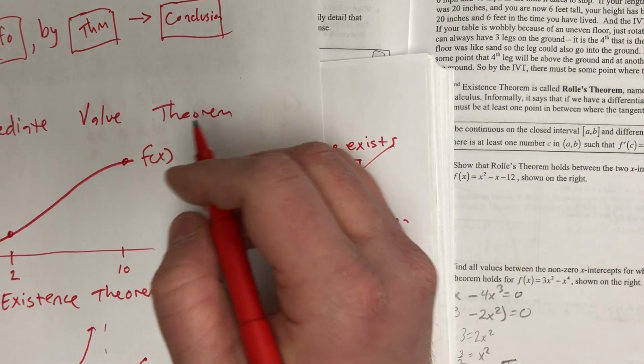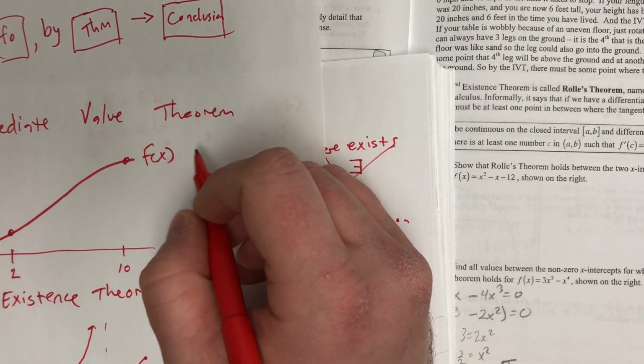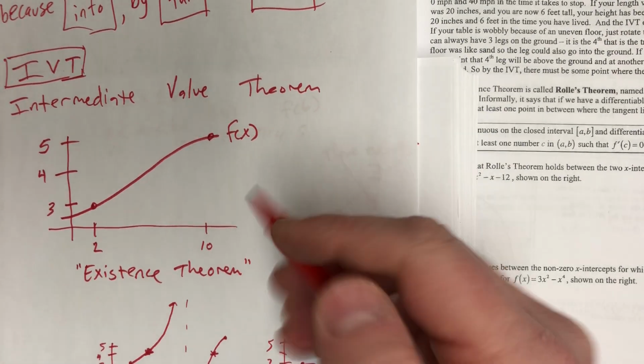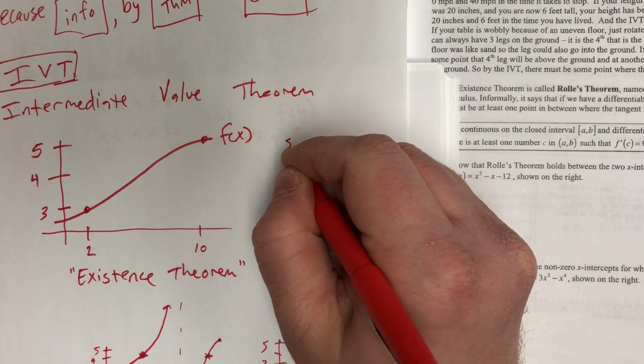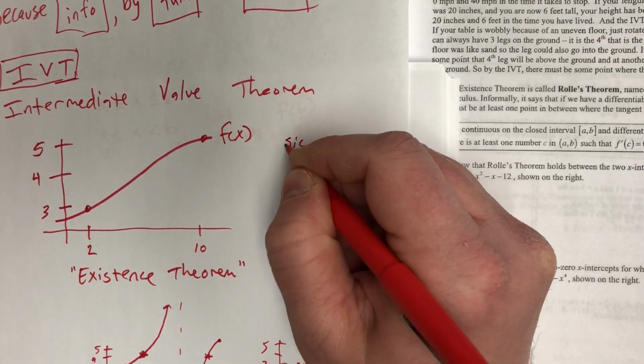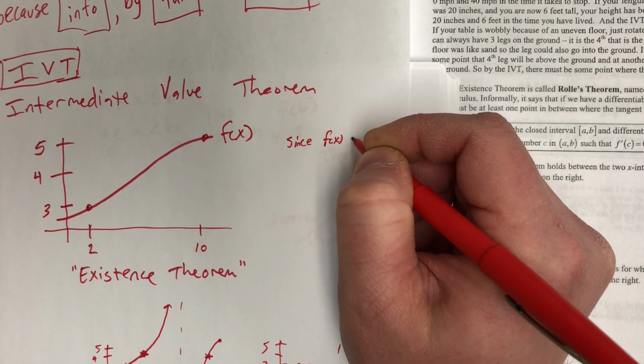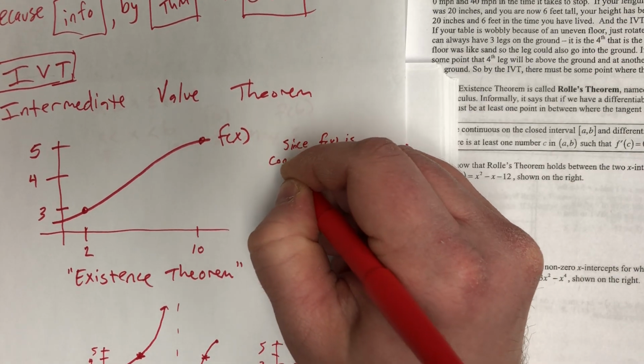The question that you might get is, does f of x ever equal 4 on the interval from 2 to 10? And you could say, since f of x is continuous.